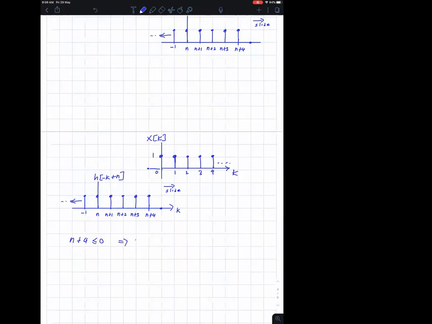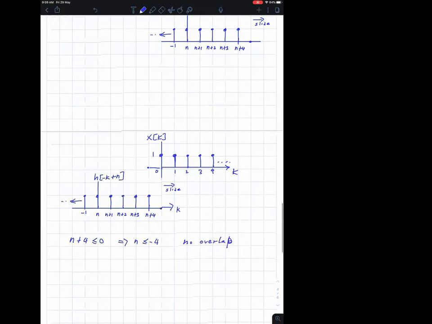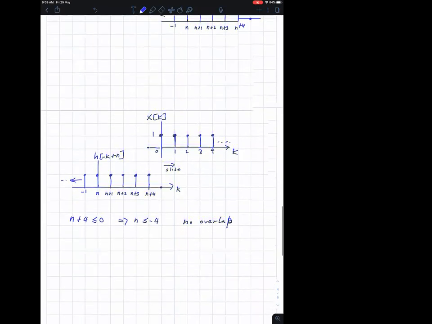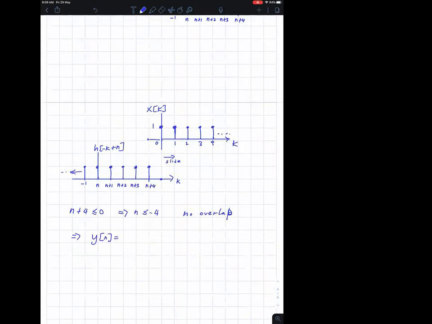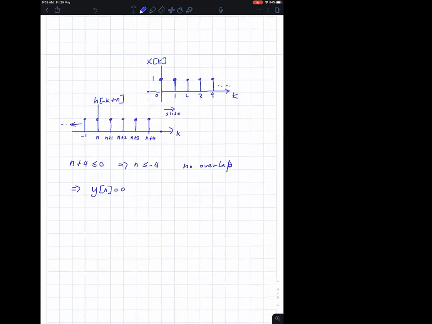This means n is less than or equal to minus 4. No overlap. So therefore, y of n is going to be 0. Okay, that part.